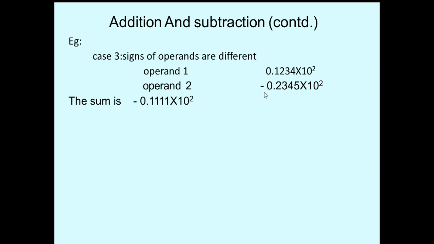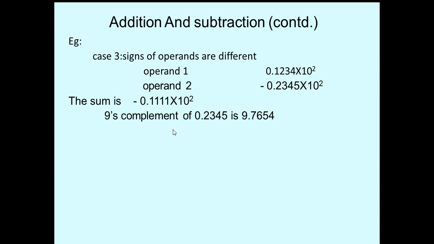One is plus and another one is minus, so we get the sign minus and then we have to do the subtraction. 5 minus 4 is 1, 4 minus 3 is 1, 3 minus 2 is 1, and 2 minus 1 is 1. And then the result sign bit is minus.